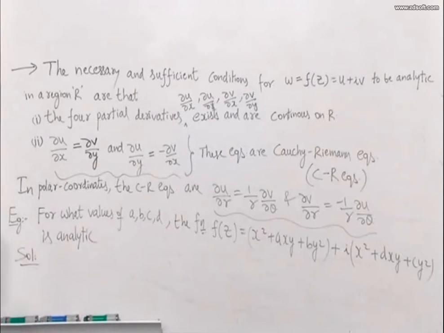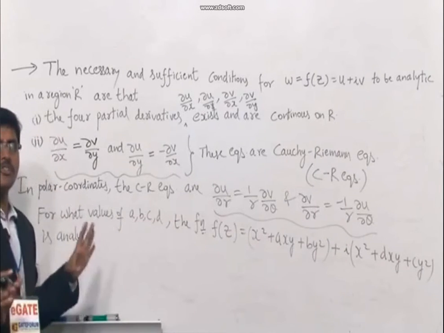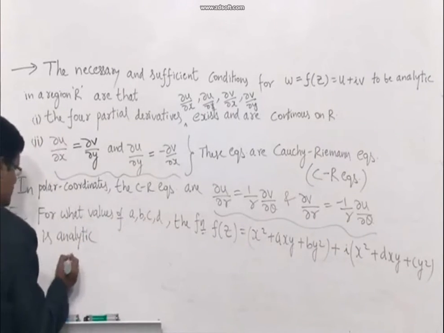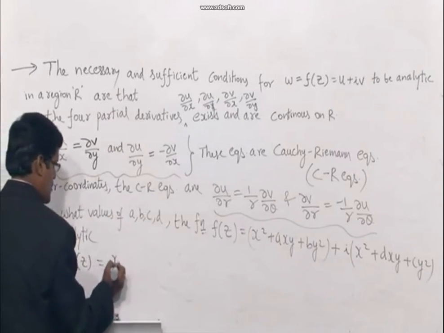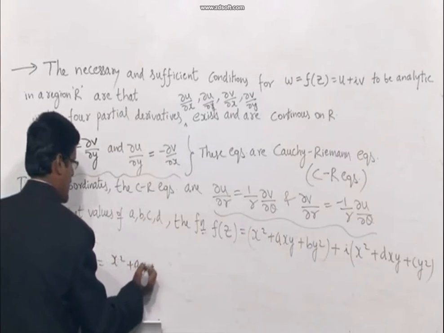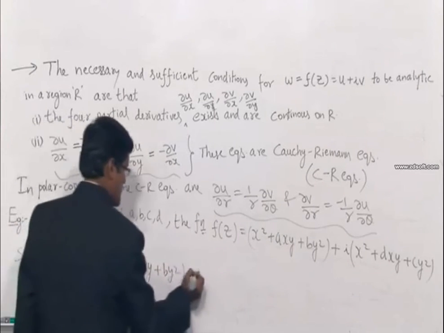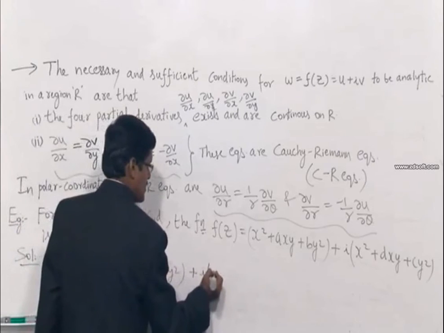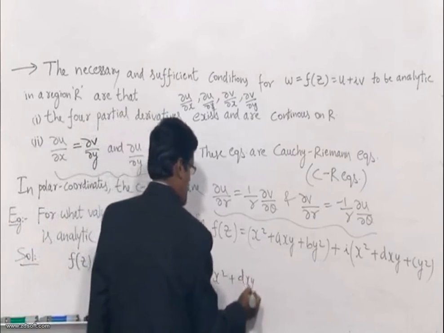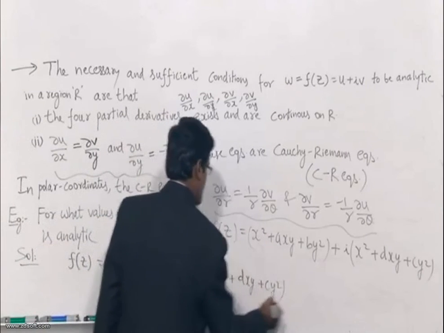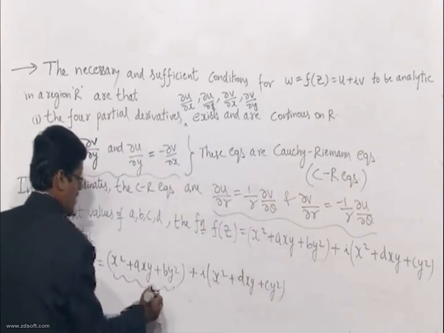Solution. So here the function is given to be analytic. Now we need to find the values of a, b, c, d. f of z is equal to x square plus axy plus by square plus i times x square plus dxy plus cy square, which is in the form of u plus iv.